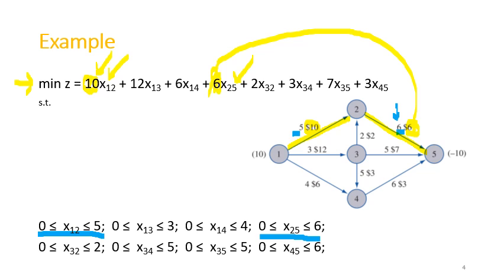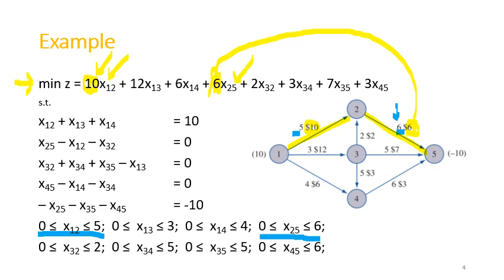Now remember that in the minimum cost network flow problems, we need to determine the flow balance constraint for every single node in the network. So here are the constraints. The first constraint is for node 1. You see that from node 1, the outgoing arcs 1 to 2, 1 to 3, and 1 to 4 must equal the net supply of that node.